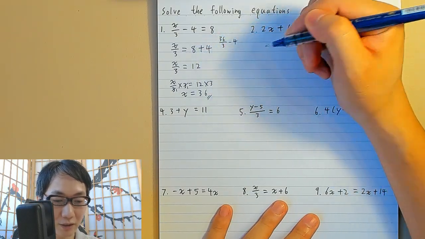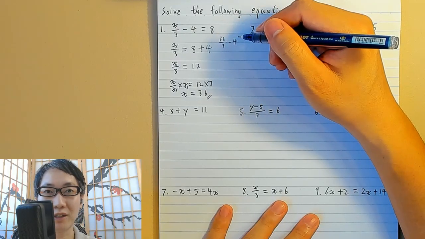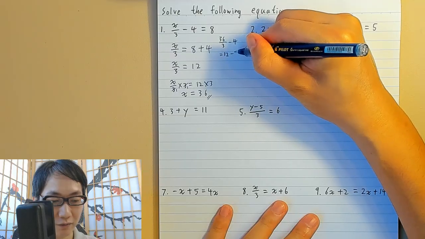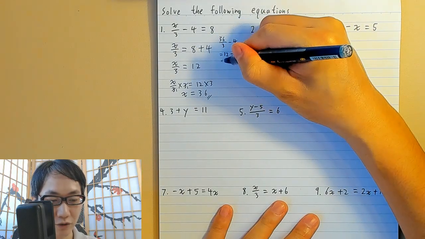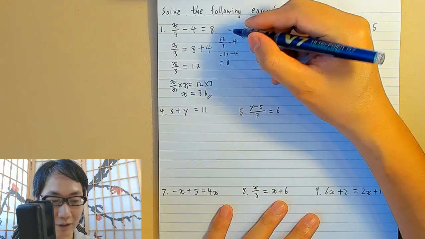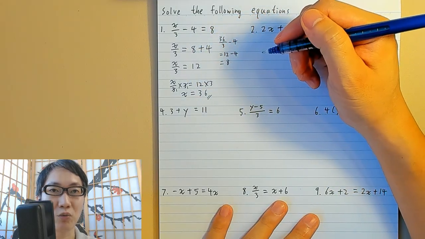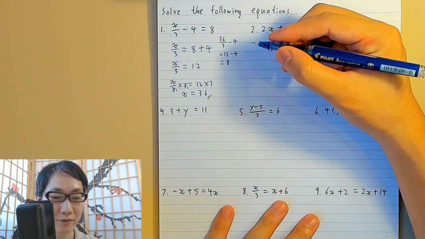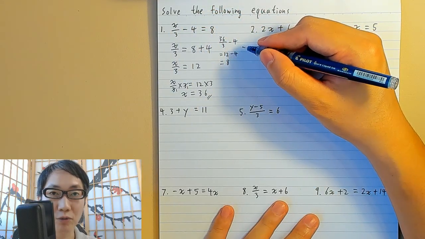So 36 divided by 3 is 12. So 12 minus 4, which is 8. And it is the left hand side, right? So this is equal to the right hand side. Then this equation is true for the value of x equals 36.